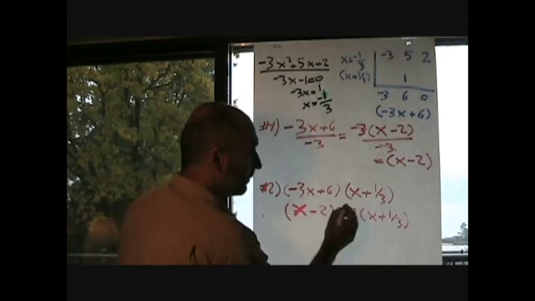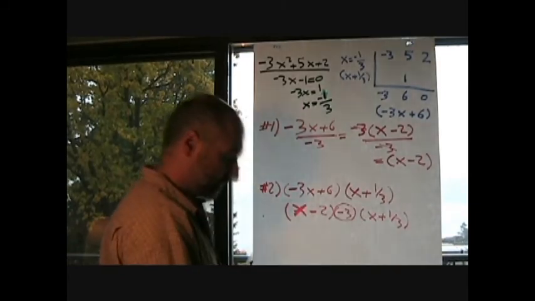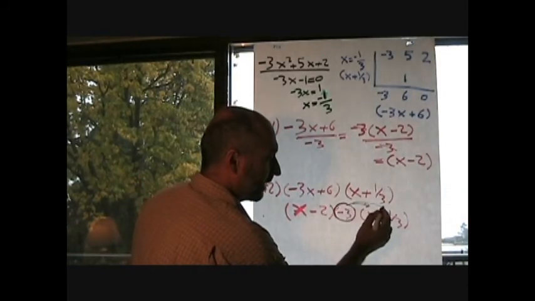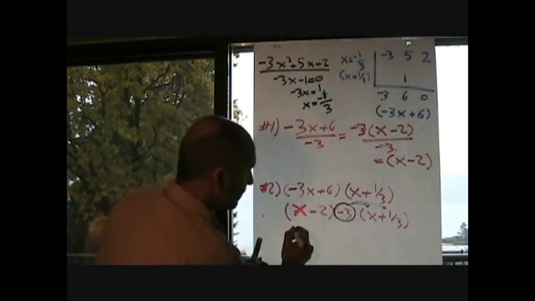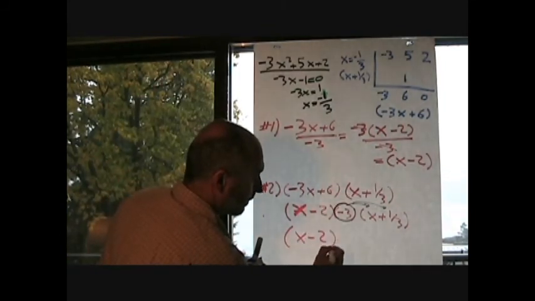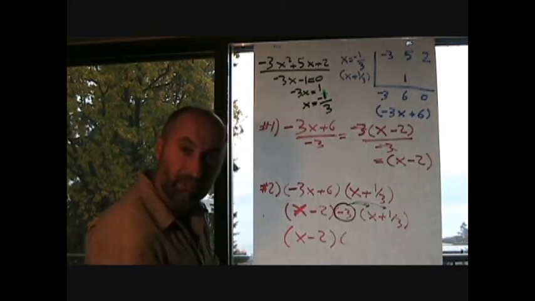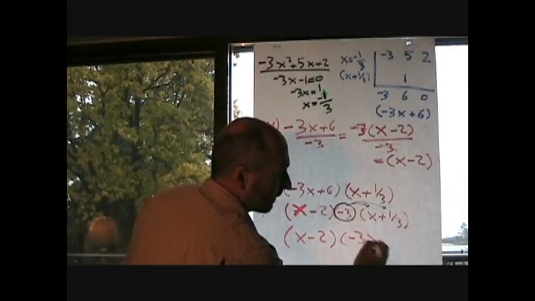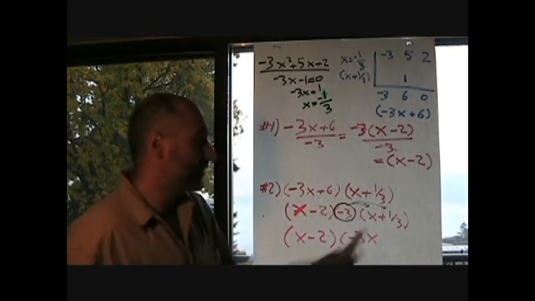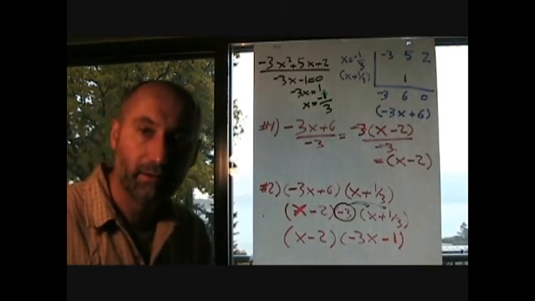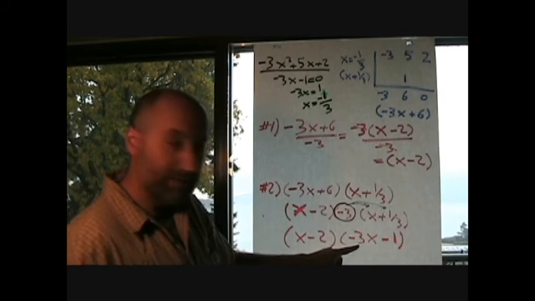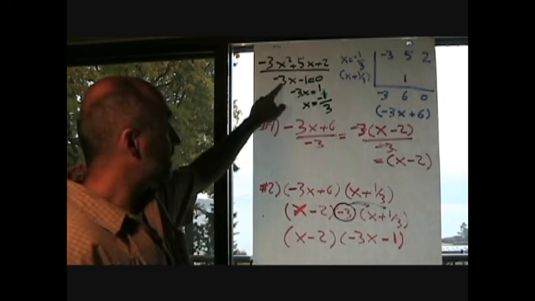And then what you're going to do is take this guy, and multiply it inside this expression. And what's going to happen is you're going to get x minus 2. And negative 3 times x is going to be negative 3x. And negative 3 times 1 over 3 is going to be negative 1. And now, this expression is equivalent to this expression.